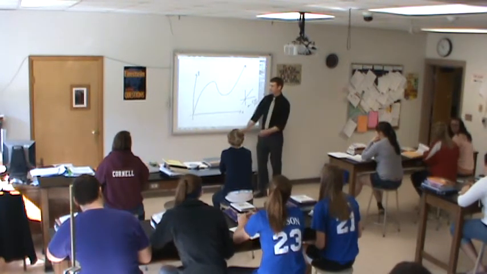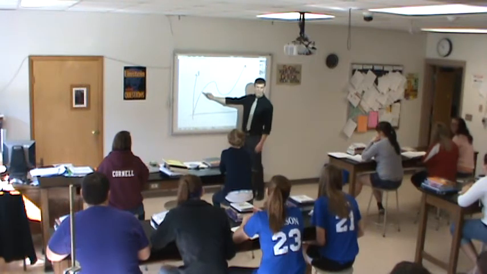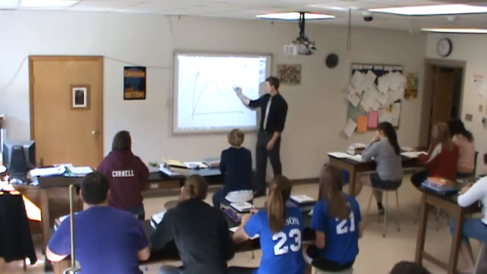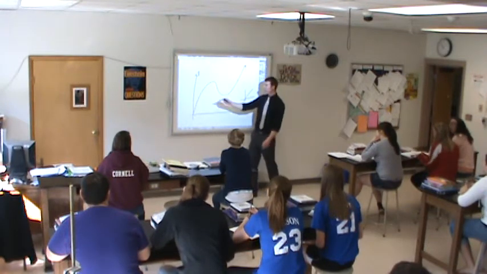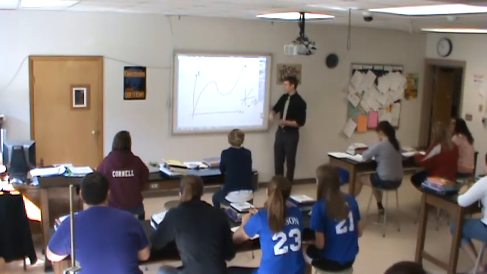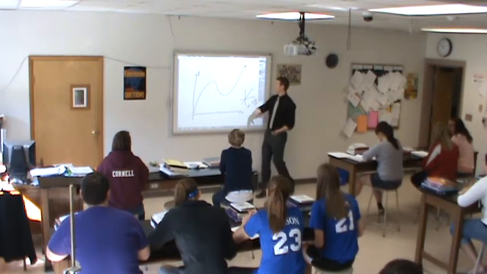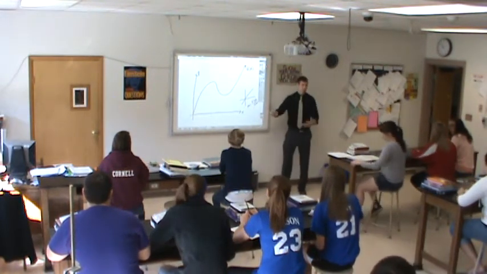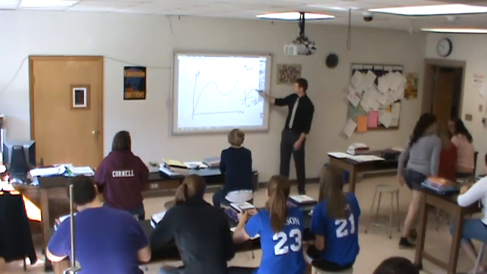Yes, the slope is changing. What's the slope like here? Positive, negative, or zero? What about here? So it changes. We can't just do a rise over run and say the slope of this function f of x is 3 or something like that.